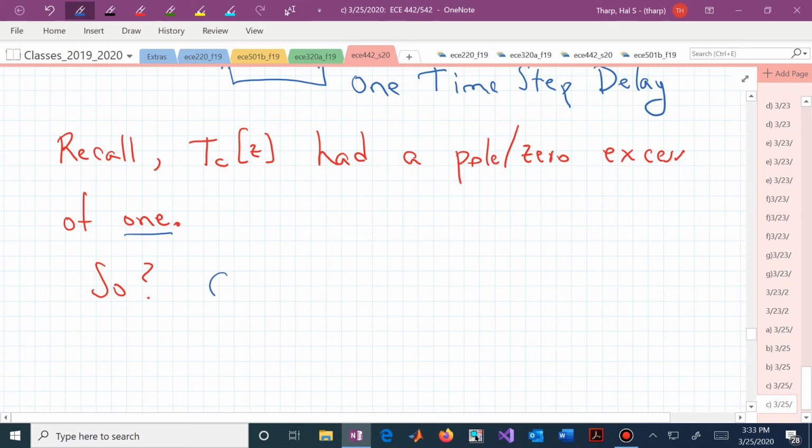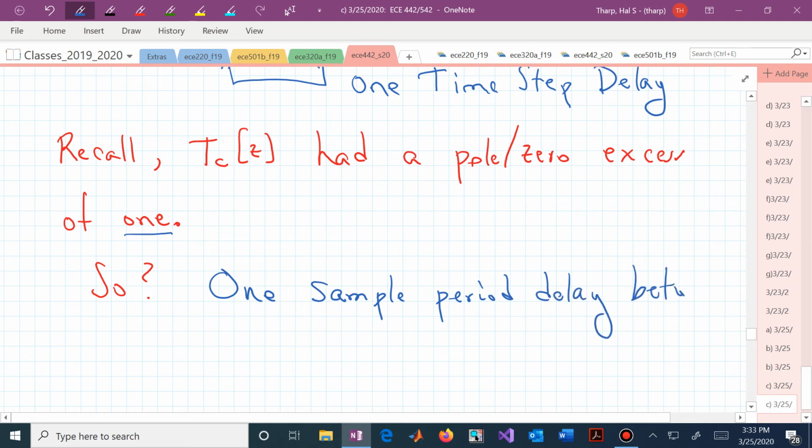Well, that means we have a 1 sample period delay between the input, which in this case is r of n, and the output, which is y of n.